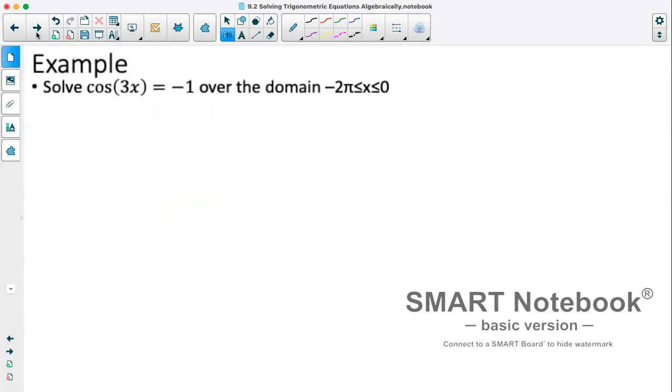Next example, solve cos of 3x equals -1 over the domain from -2 pi to 0. So this is another change from Precal 11: we're also going to have functions that are compressed horizontally, as well as domains that are in radians.